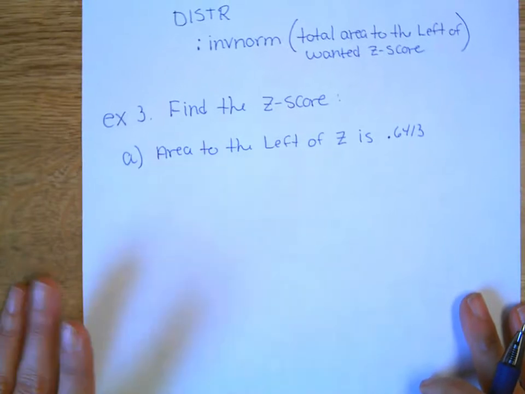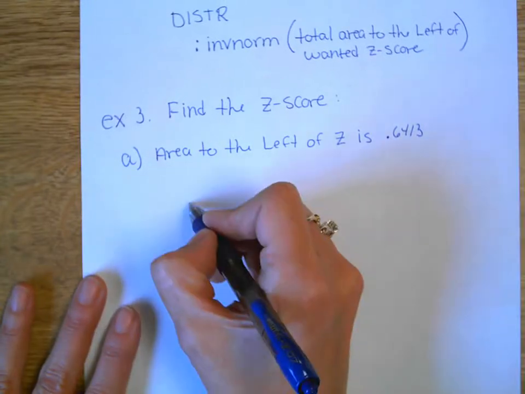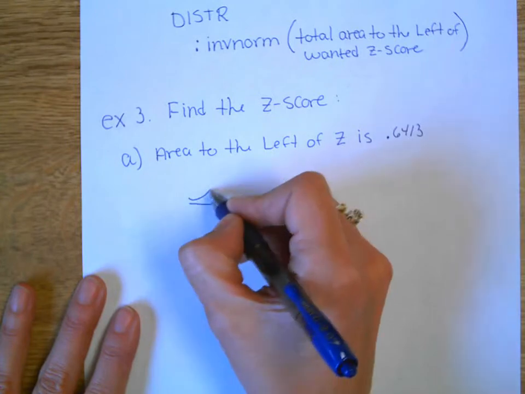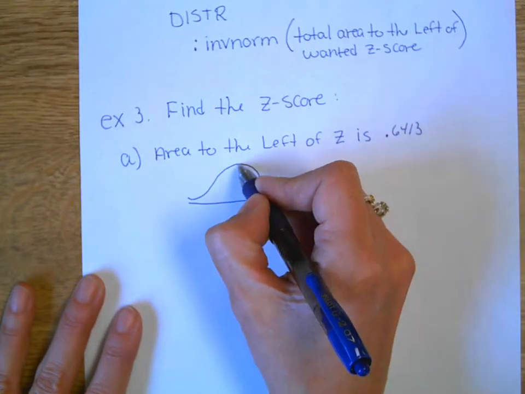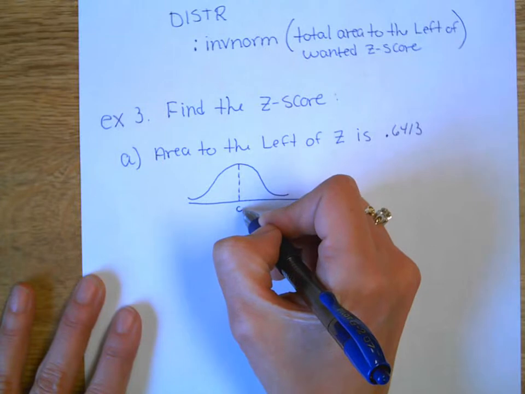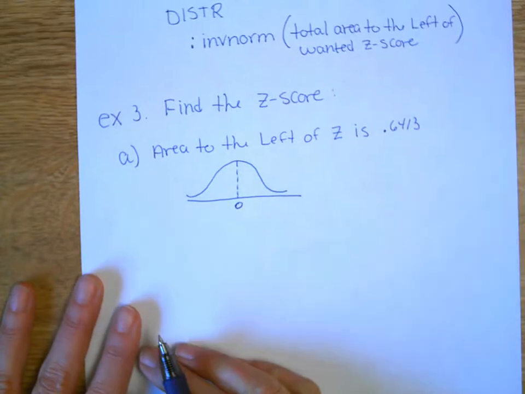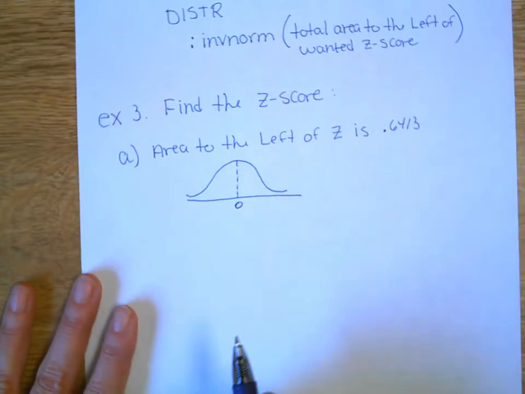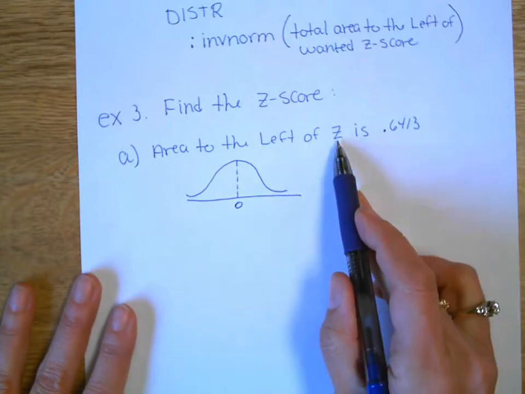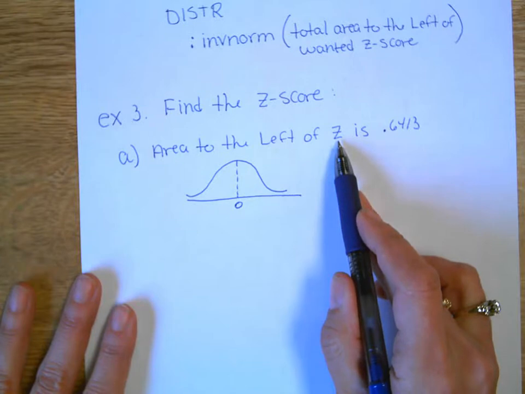I'm going to sketch the graph just so I can see it. Is it always going to be 0 and 1 for the mean and standard deviation? Yep. So, is the z-score I'm looking for going to be positive or negative, and how do I know?